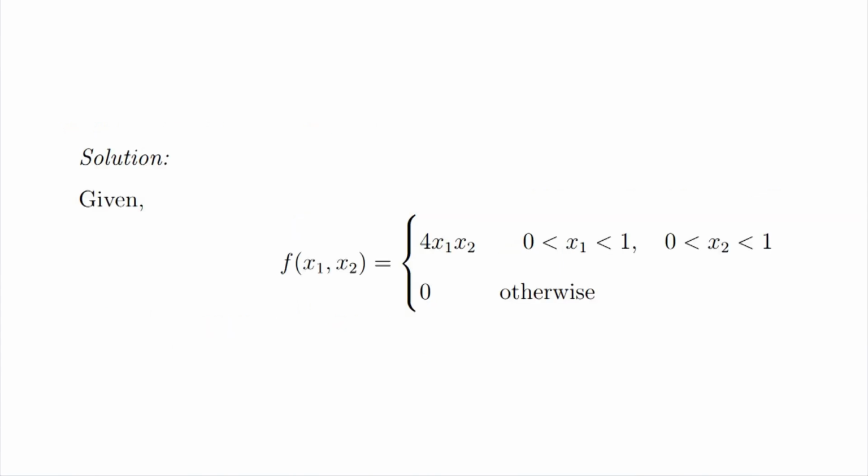Consider the given joint probability density function f(x1, x2) = 4 x1 x2 in the range 0 < x1 < 1 and 0 < x2 < 1 and 0 otherwise.